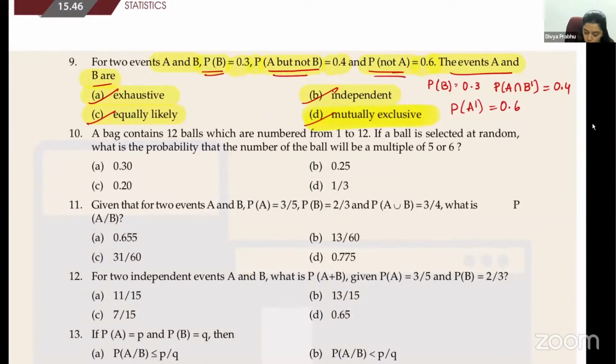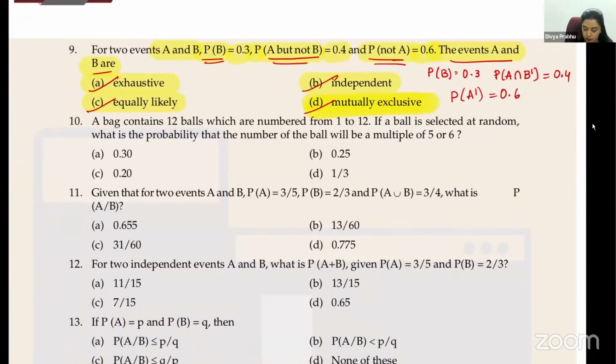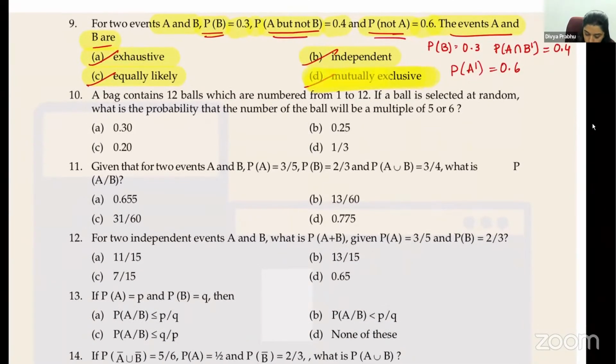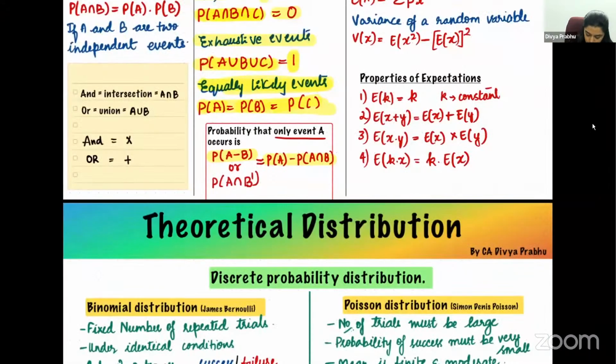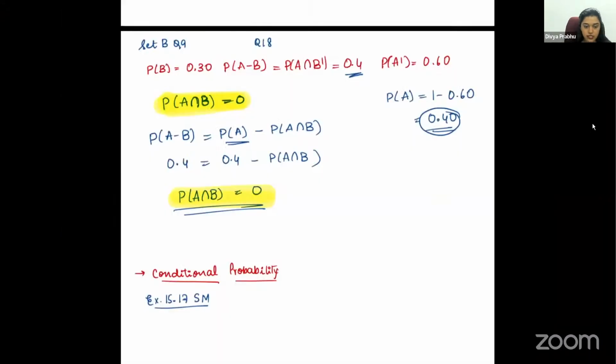Understood? So we go from options to question. To establish mutually exclusive events, the condition is that P of A intersection B should be equal to 0. Correct? So we just checked whether P of A intersection B is equal to 0 using this formula: P of A minus B is equal to P of A minus P of A intersection B. You can see here, this is 0.